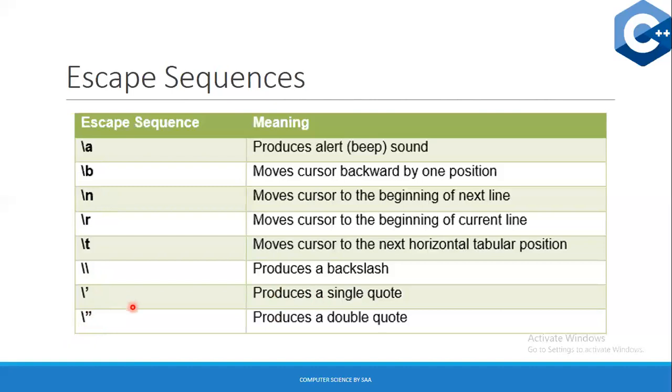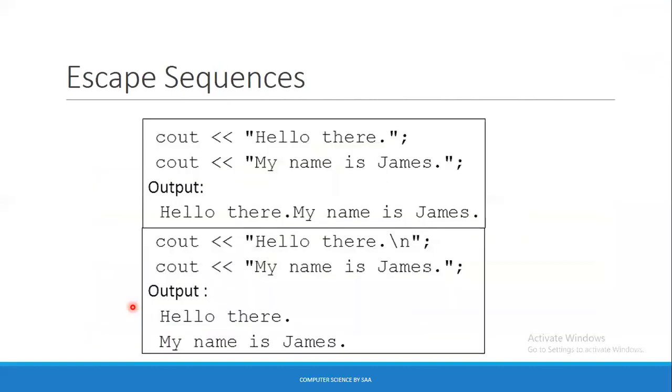Now let's go through an example. Here the statement is written like cout hello there, and in the new line we have used another statement, cout my name is James.